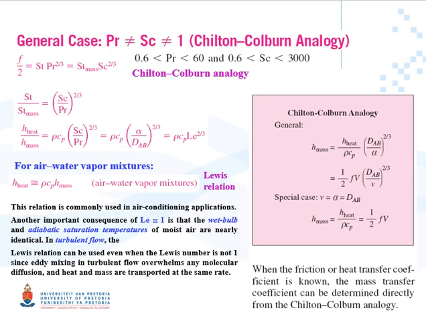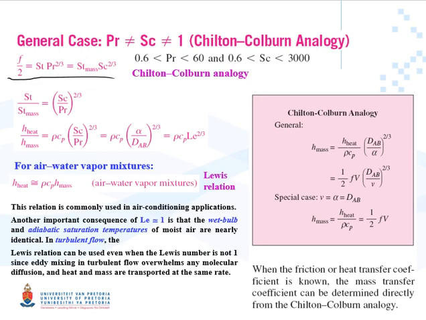So Chilton and Colburn in 1934 were the ones who successfully could extend that range, and basically if Prandtl is between 0.6 and 60 and Schmidt number is between 0.6 and 3000, we can use this correlation to connect wall friction, heat transfer, and mass transfer.